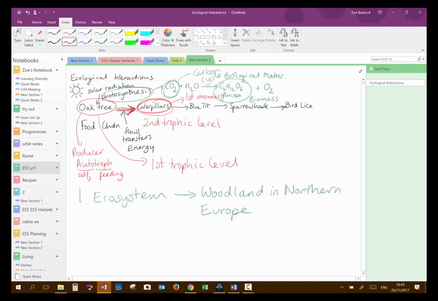Now, what's happening here is that we've got the biomass moving from one trophic level to another trophic level. But at every trophic level, there's a loss of energy. And we're going to represent that here. This is a loss of energy.